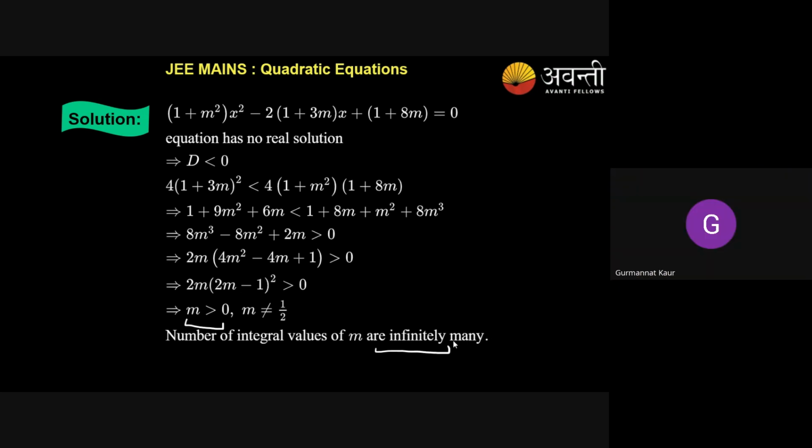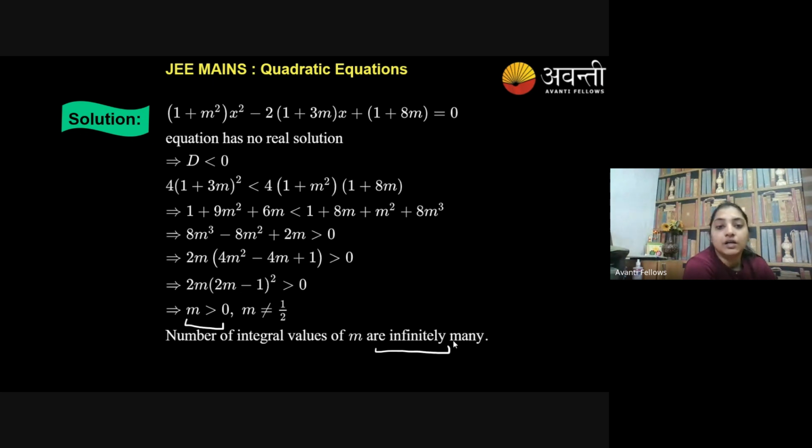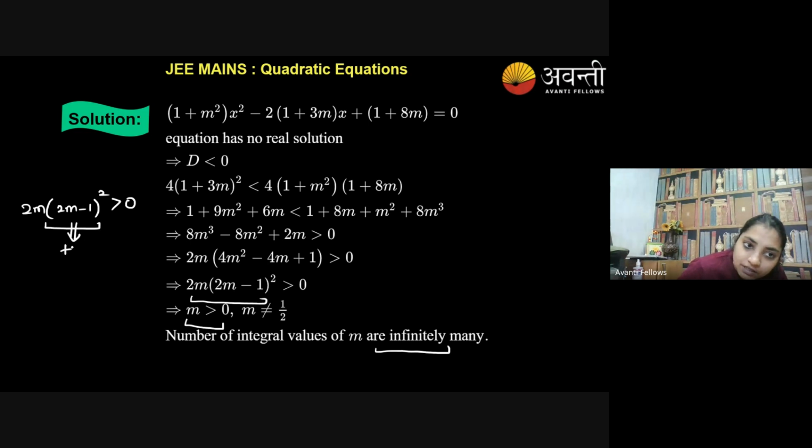Ma'am, why can't the value of m be half inside this? When you calculated m, from here you get the relation that 2m into (2m minus 1) whole square is greater than 0. This expression already has a square, so it is positive whether 2m minus 1 is positive or negative; it doesn't affect my relation. Getting my point?